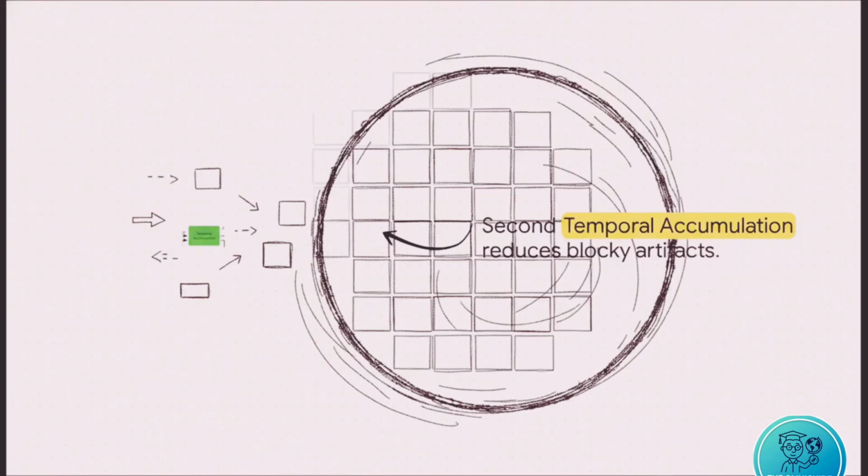Because BMFR processes the screen in those rigid 32 by 32 non-overlapping blocks, the raw output can sometimes look a bit like a grid. So, a second round of temporal accumulation is applied. The system dynamically blends about 10% new data with 90% old data, all while shifting the processing grid with random offsets each frame. This perfectly hides those blocky artifacts.